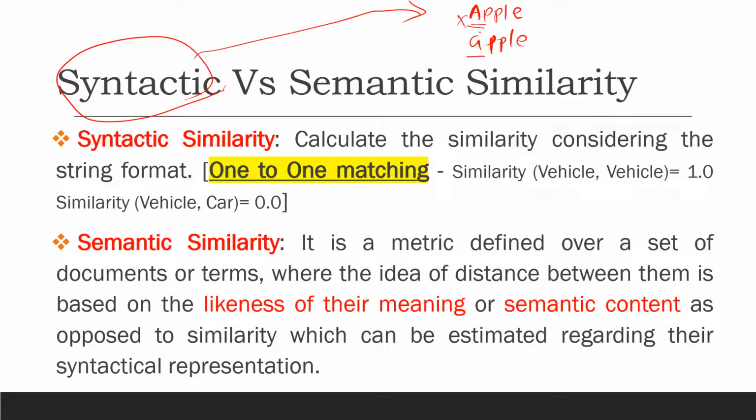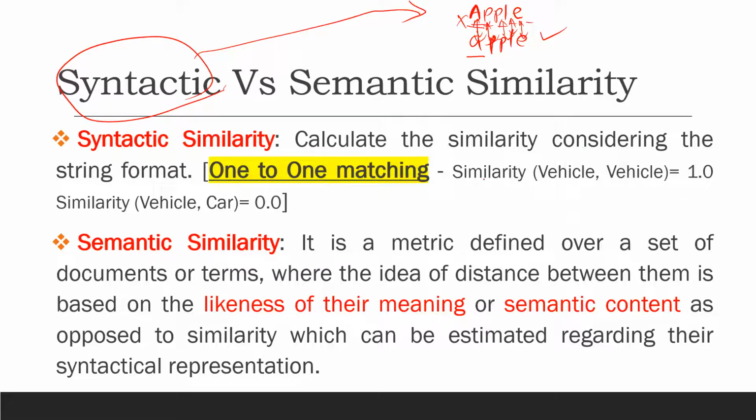Yes. Are the others equal? Yes. That is called syntactic similarity. Syntactic similarity means we do one-to-one matching. For each character we do one-to-one matching, checking whether both characters are the same or different. We are looking at the structure.